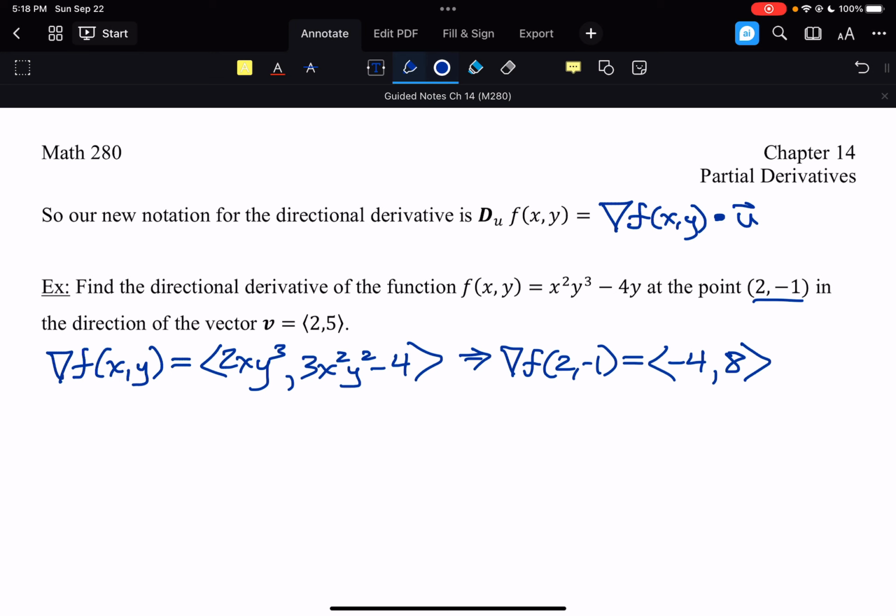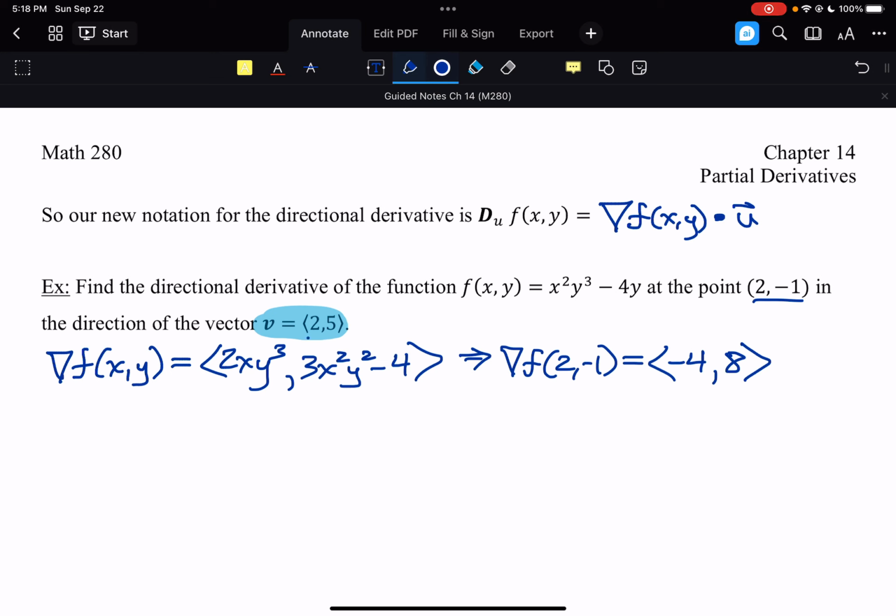And we want to dot it with the direction vector. However, remember that the direction vector has to be a unit vector. Now, why does it have to be a unit vector? Well, because we're trying to find a derivative, which is a numerical value. It gives us the slope of a function at a point in a specific direction.